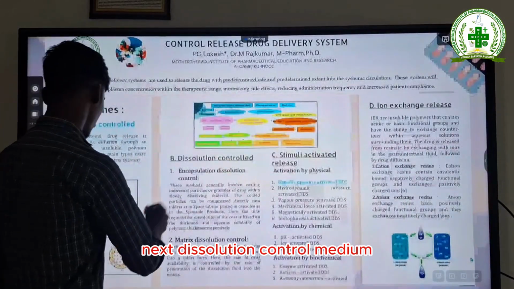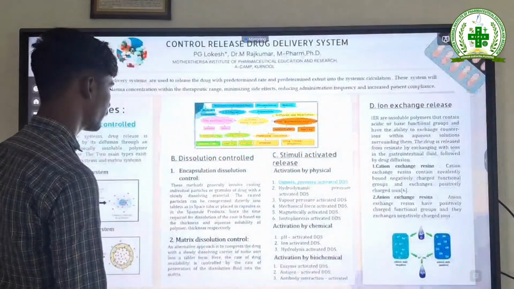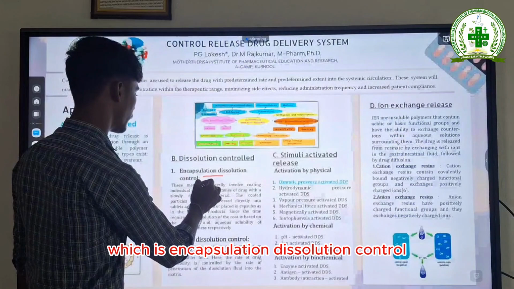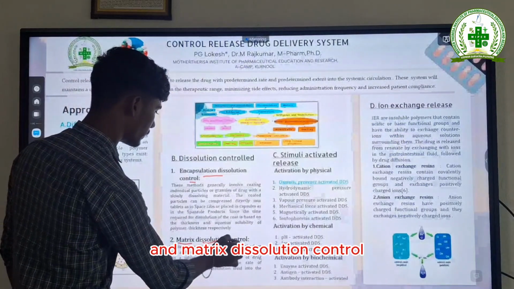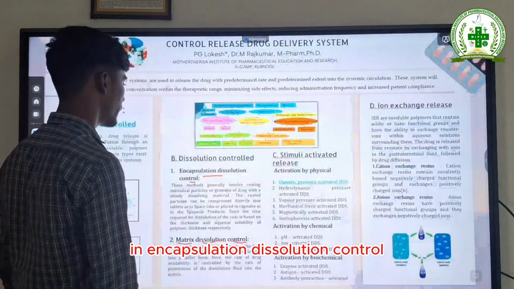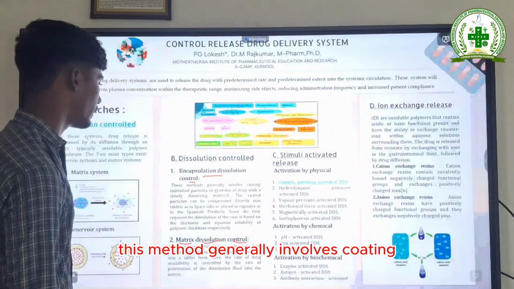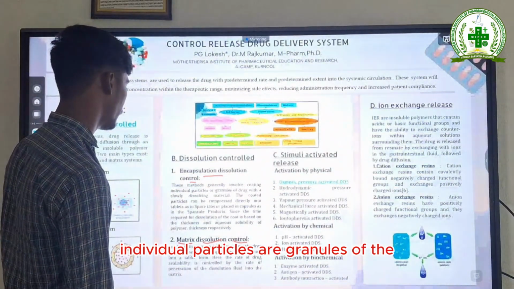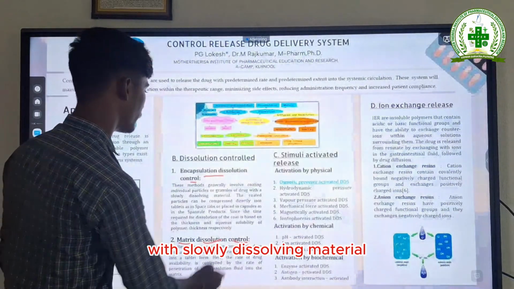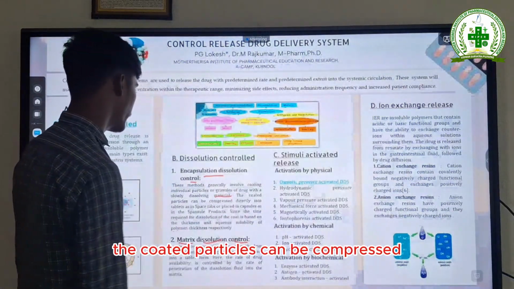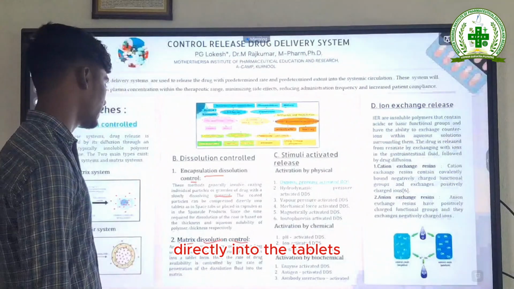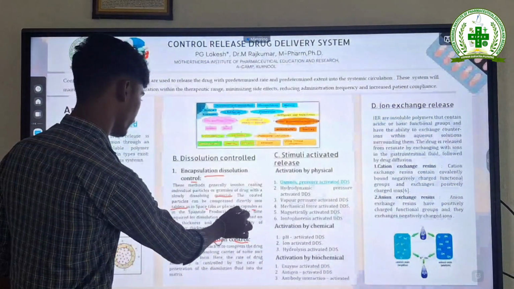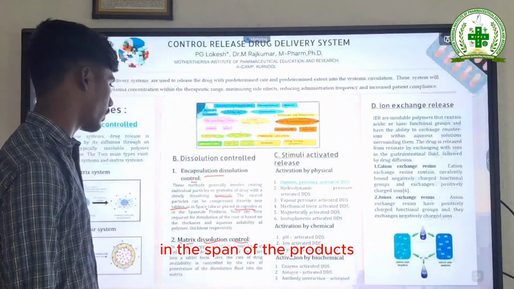Next, dissolution control system. In this, there are two types, which are encapsulation dissolution control and matrix dissolution control. In encapsulation dissolution control, this method generally involves coating individual particles or granules of the drug with a slowly dissolving material, which is a polymer. The coated particles can be compressed directly into tablets or filled into capsules, as in Spansule products.